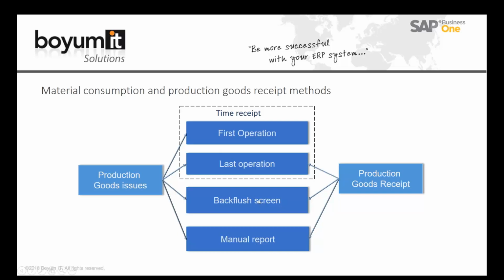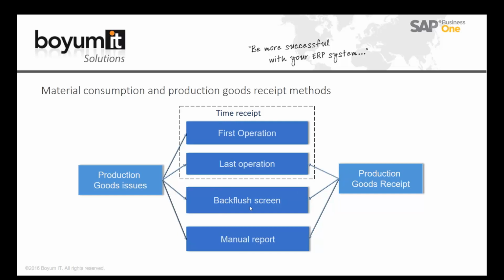The backflush screen is a separate screen to report the production goods issues and the production goods receipt. So this means probably we have a person who reports the time, but we have another person who reports the material transactions. In this case, we have two separate screens, one for the time receipt and another screen for the material transaction.